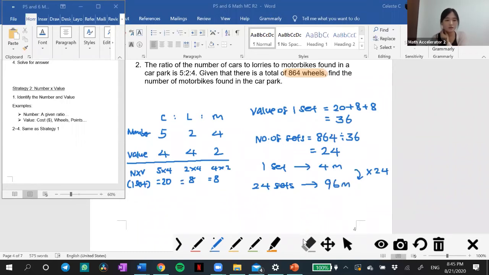So that's your answer. Okay. So this is your answer, 96 motorbikes. So always draw the table first, identify the number and value, okay, before you can start trying to solve for the answer.